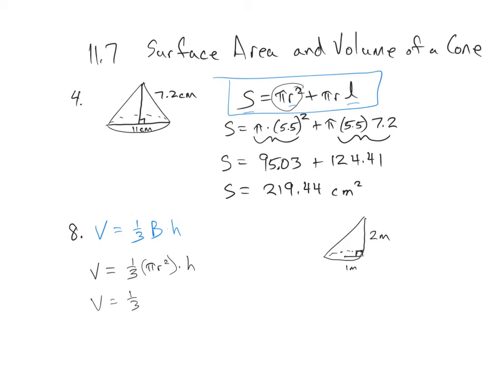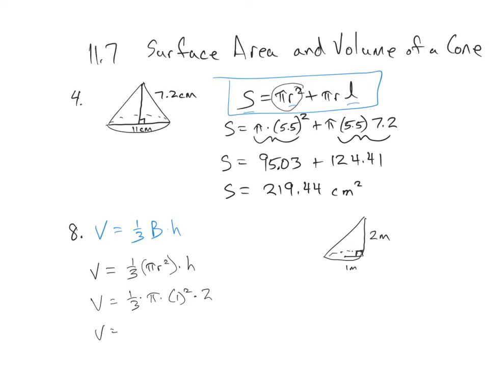So 1/3 times pi times the radius is going to be 1 squared, and the height is 2. So not too bad. So 1 squared is just 1. Remember, you have to do that exponent first, but 1 times 1 is just 1. So we can just multiply across here. Do the 1/3 last.